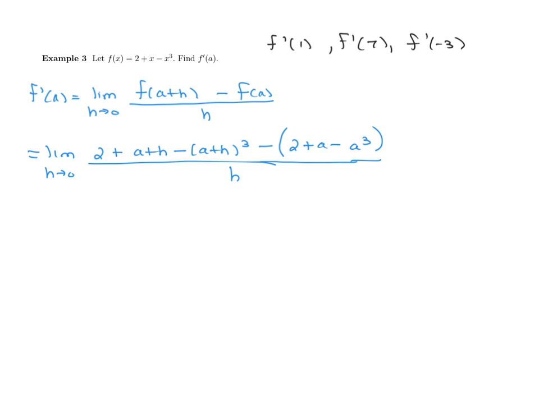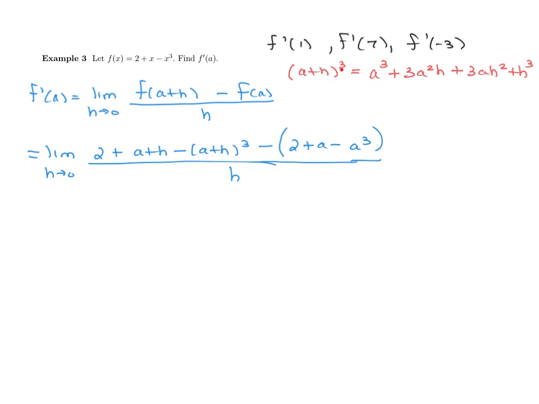I'm going to do a little work off to the side. That is, what is a plus h cubed? It's a cubed plus 3a squared h plus 3ah squared plus h cubed. There's a nice pattern going from this to this.